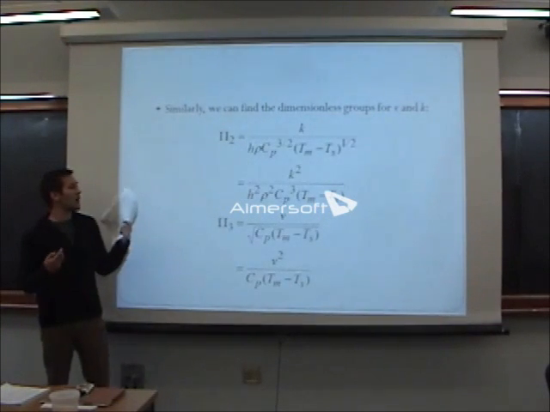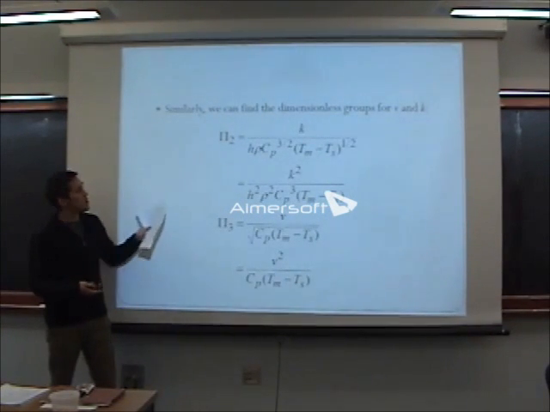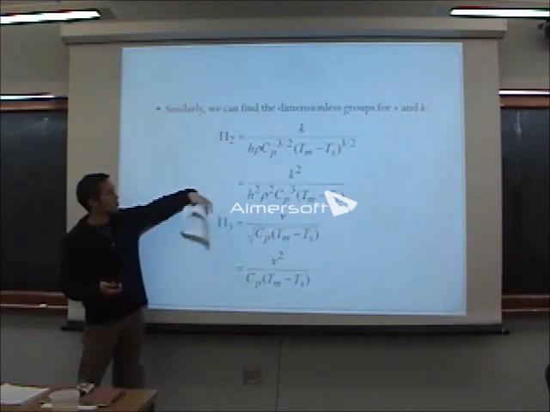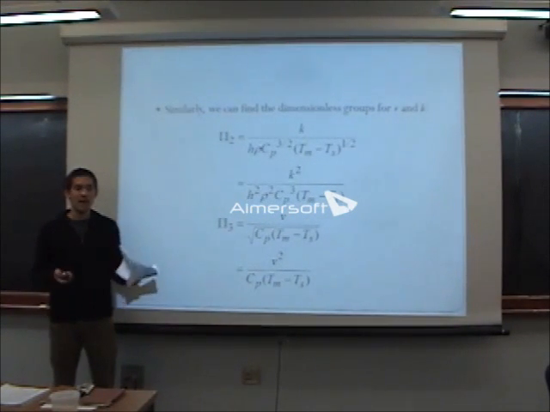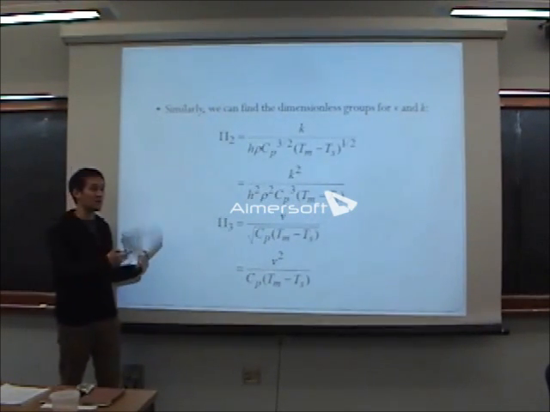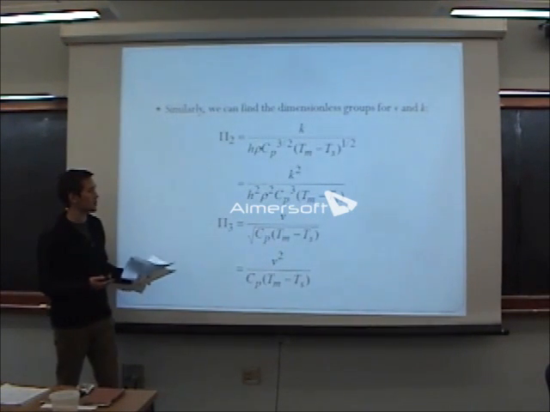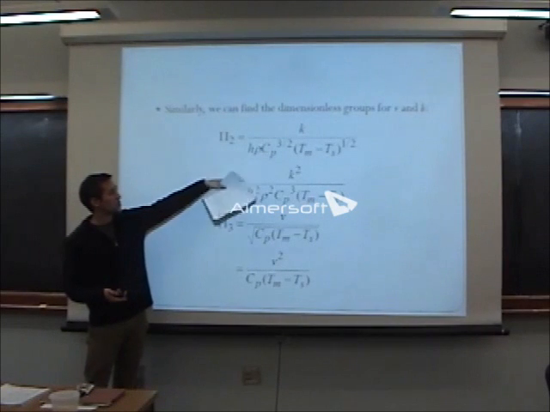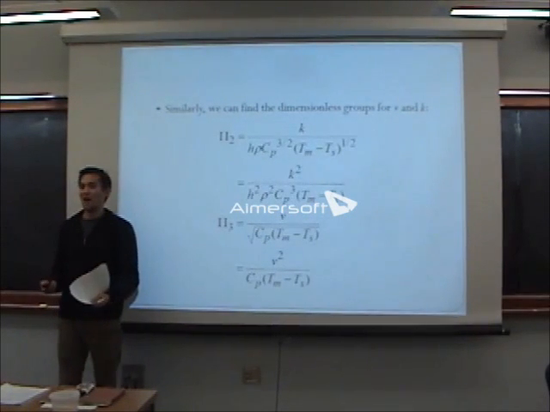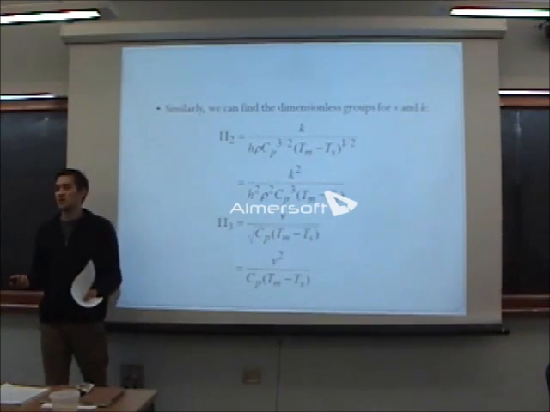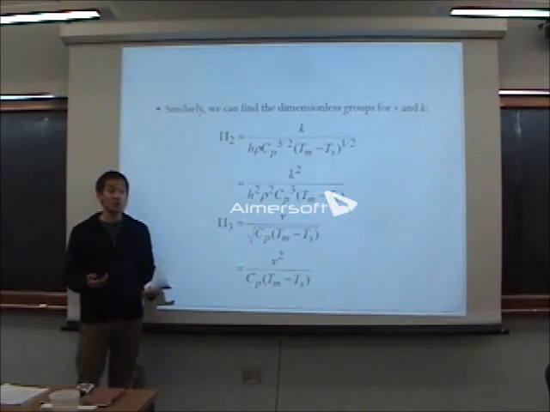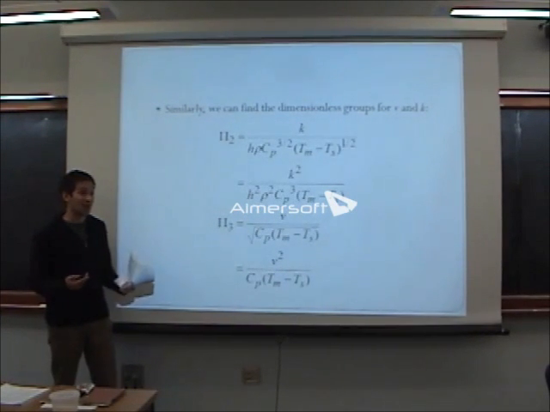So similarly, we found the other 2 dimensionless groups. For dimensionless group number 2, we know K is in it, and delta H and V are not. So that's how you substitute in 0 for 2 of the parameters, and you solve for the other variables. Now, traditionally, when you're working with dimensionless groups, you don't like to have fractions in your exponents. Back in the day, when they were first doing dimensional analysis, they didn't have calculators.